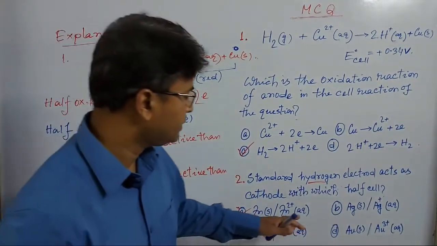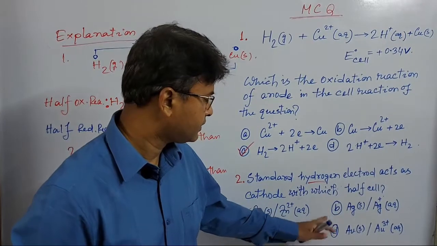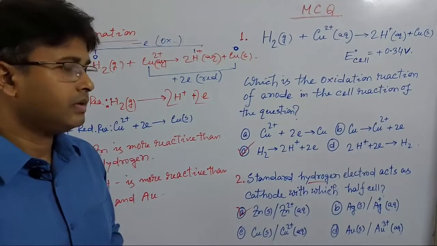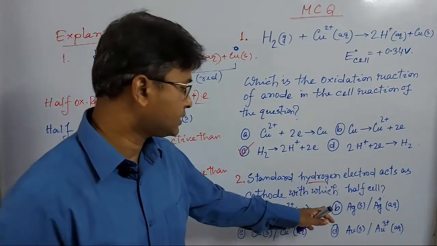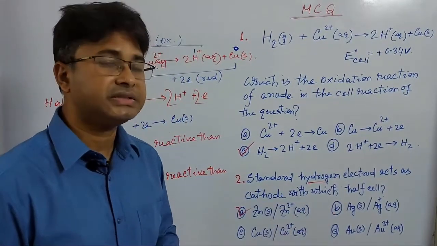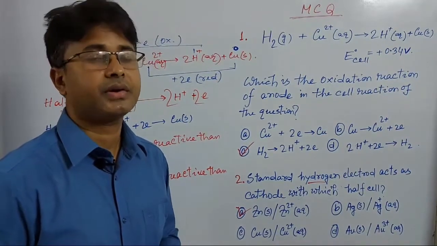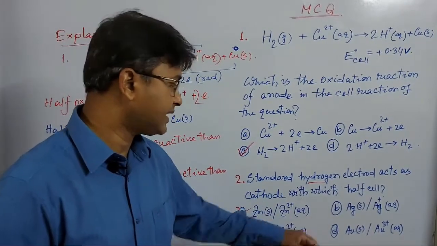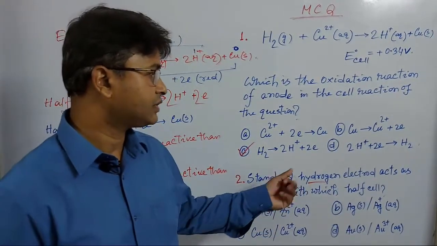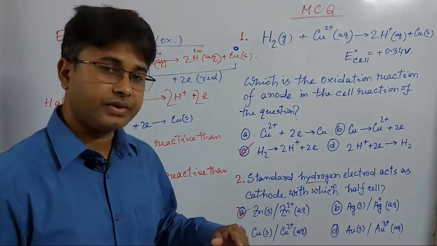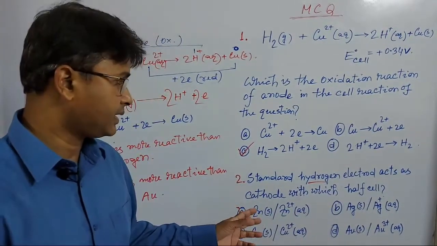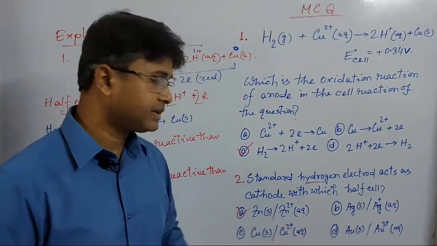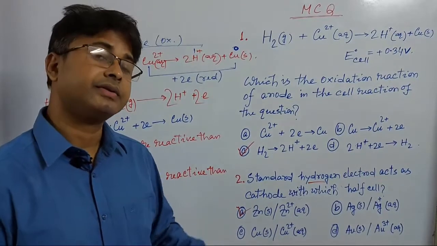Why will not B, C and D be correct? Because in case of B, C and D, hydrogen will be anode, because if I compare hydrogen with silver, copper and gold, hydrogen is more reactive.